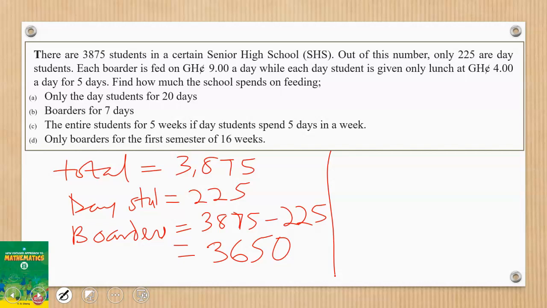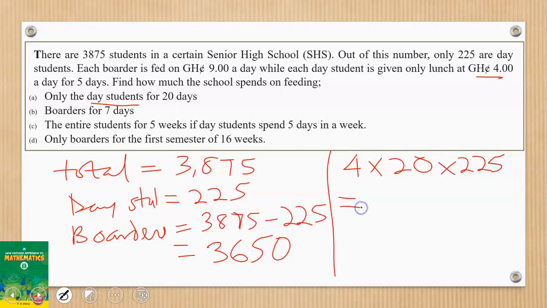Now, the first question says that we are to find how much the school spent on only the day student for 20 days. And the day student, every day they spend 4 cedis. And so we are going to say 4 cedis times the number of days, which is 20, times the total number of day students, which is 225.